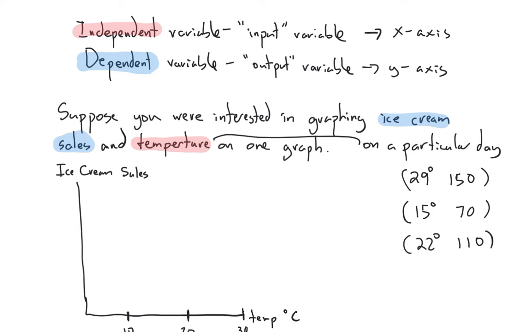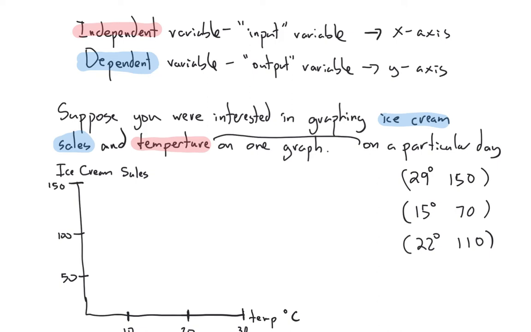This is just a sketch. If I was doing this professionally, I would be a lot more accurate. And on our y-axis, it looks like we're going up to 150, so maybe I will go up by 50s here. So this is 50, 100, and 150.